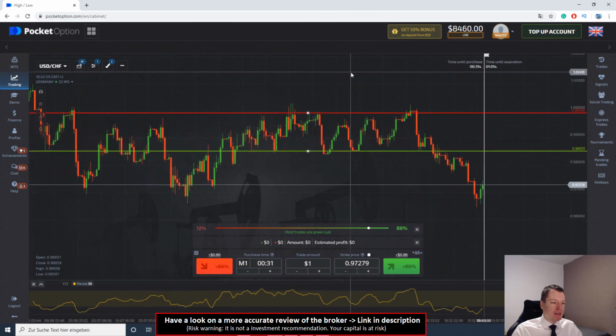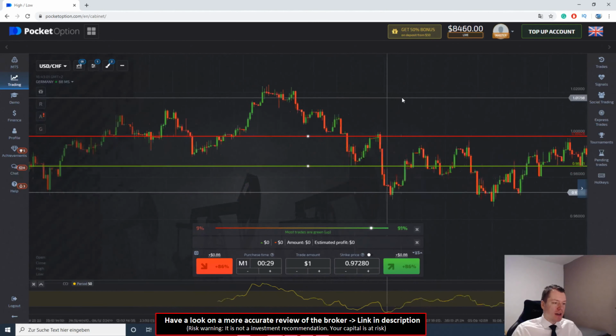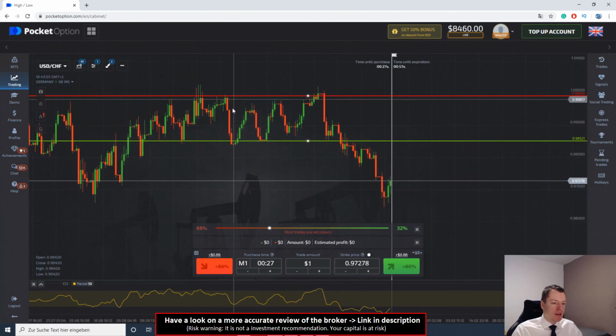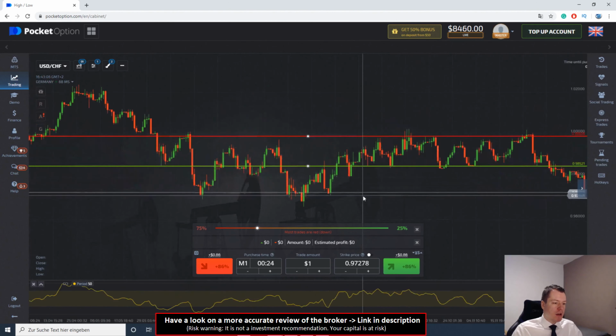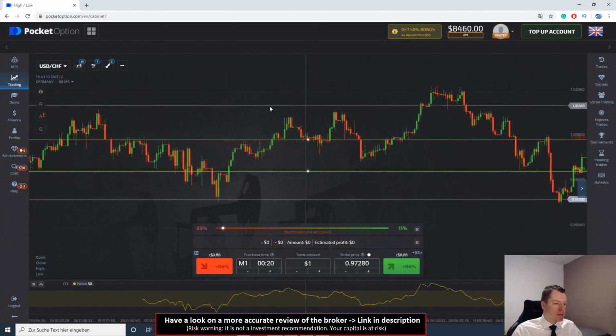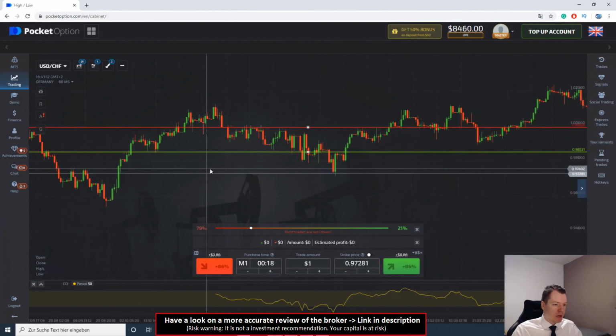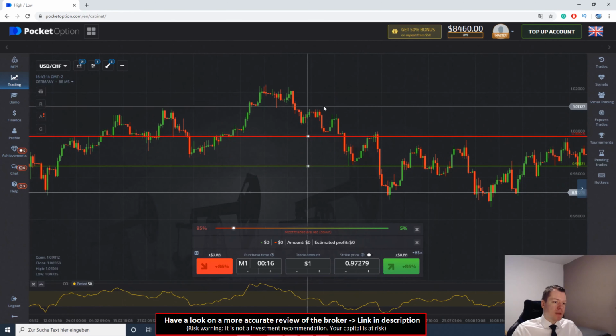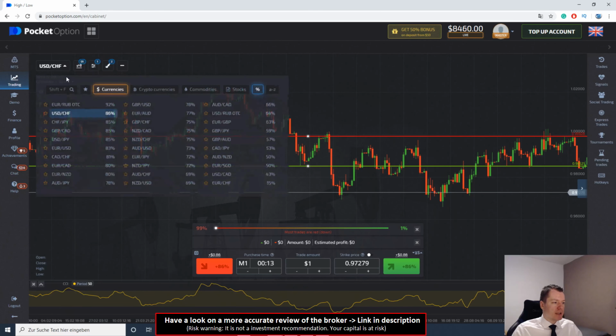So it's very easy to spot. If you see that, you are on a good price area to work. Sometimes you have to search a little bit for these areas.